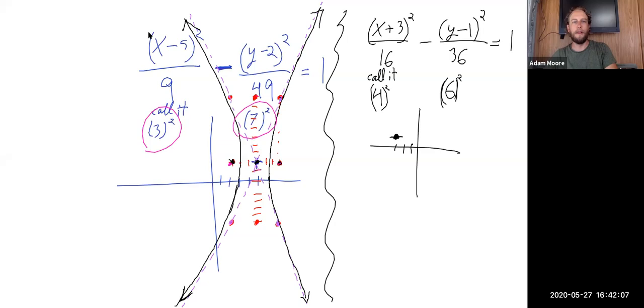And so we're going to draw that in. 4 squared, that's 1, 2, 3, 4 steps on the x part, and 1, 2, 3, 4 steps on the other x part going backward. And then on the y part, it's 6 steps. So it's 1, 2, 3, 4, 5, 6 up, and 1, 2, 3, 4, 5, 6 down.